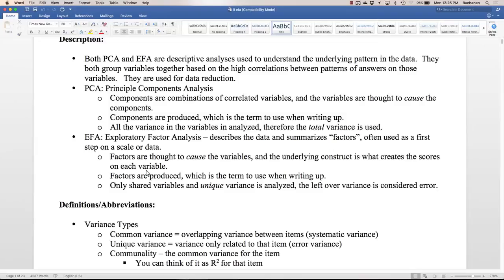Anytime you have an arrow, it's like X is predicting Y. That's more traditional regression, where I have all of these variables that create a predicted score. So the variables cause the component, the latent score. So we could combine those together and create this overall motivation score.